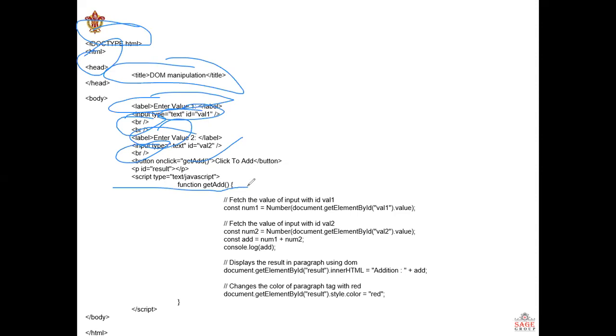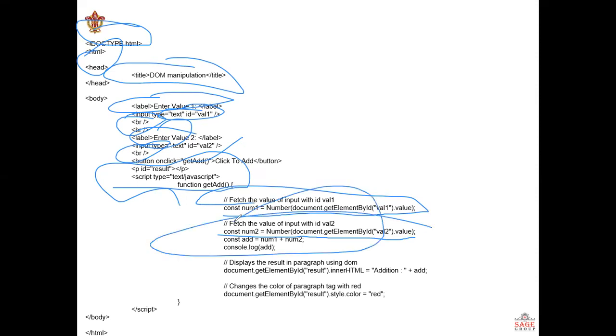And the script type is JavaScript. Here the function getAdd is used for adding the values. const num1 is equal to Number(document.getElementById('value1').value), so it will fetch the value of the input with id value1. const num2 is equal to Number(document.getElementById('value2').value), so it will return value two.